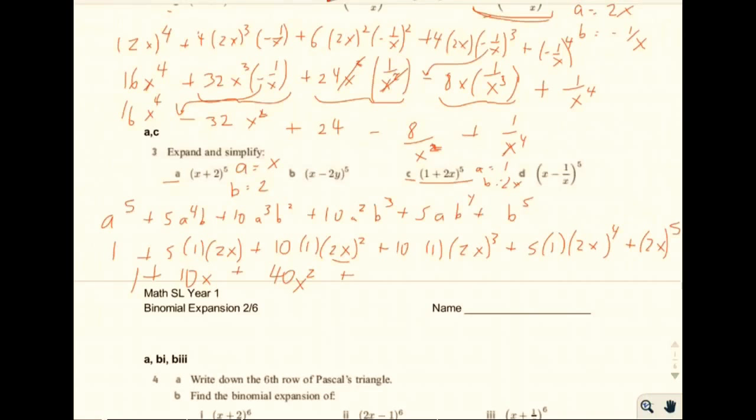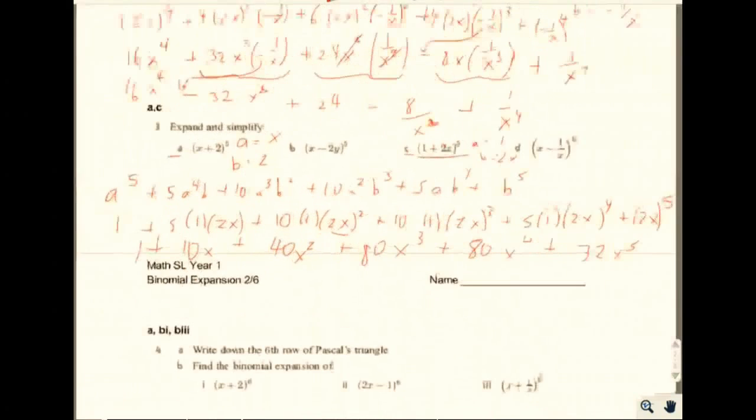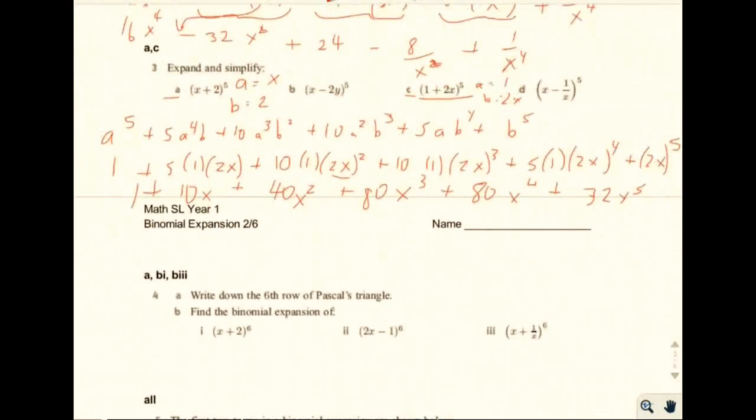This would be 2 cubed x cubed, that would be 80x cubed. 2 to the 4th is 16 times 5, that would be 80 also, is that right? 16 times 5 is 80, I guess so. x to the 4th plus, and 2 to the 5th is 32, x to the 5th. Okay, so yeah, that's pretty messy too.